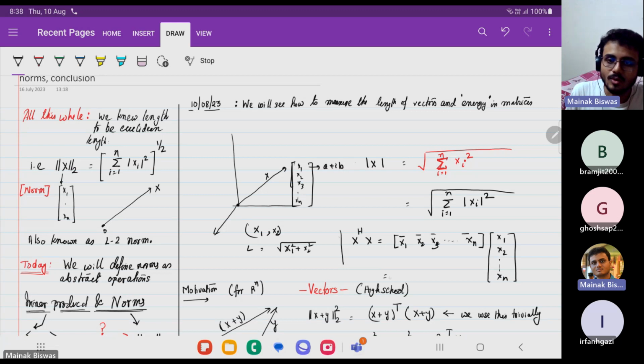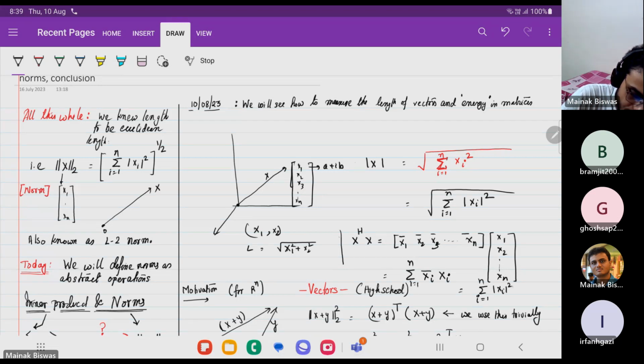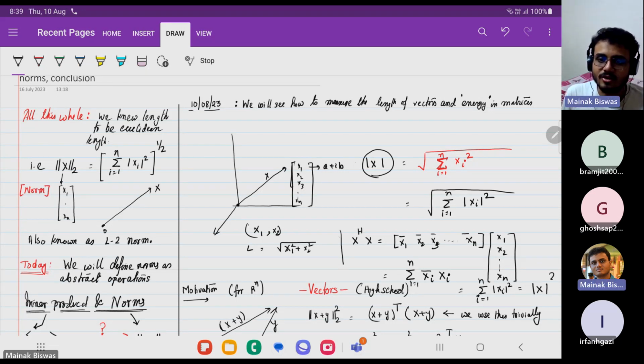So what is this? What would be the inner product, or the dot product, that you popularly know? It will be the summation of xi bar xi, i equal to 1 to n. Do you agree this is equal to this? Yes or no? Yes, sir. Which is also equal to mod x square. So this is your general length.